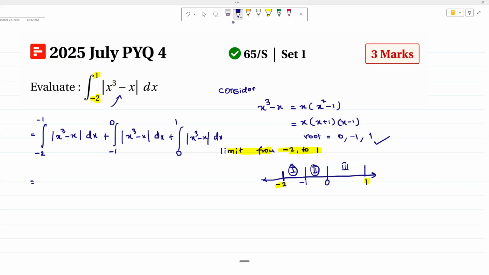Now you have to verify using any number between the intervals. So now we will substitute any number between the interval -2 to -1. You can select any number. For example, I will write -1.5. Is it negative or positive according to x cube minus x?